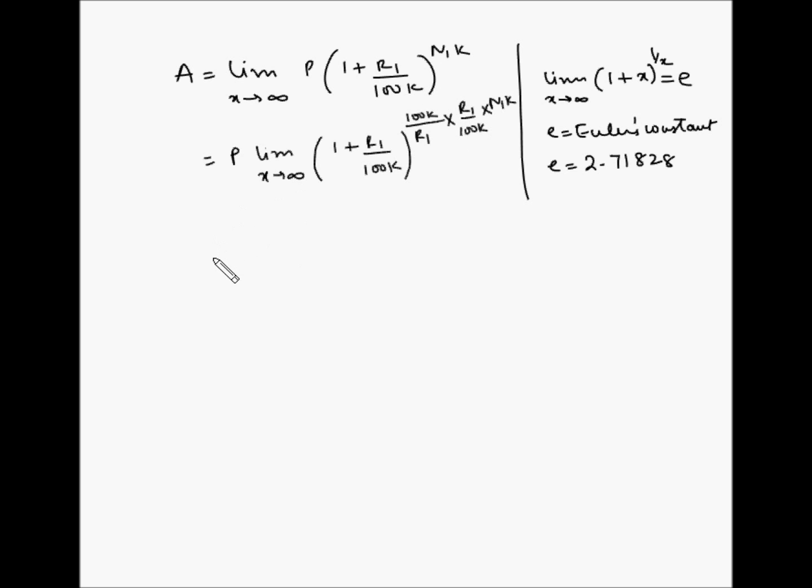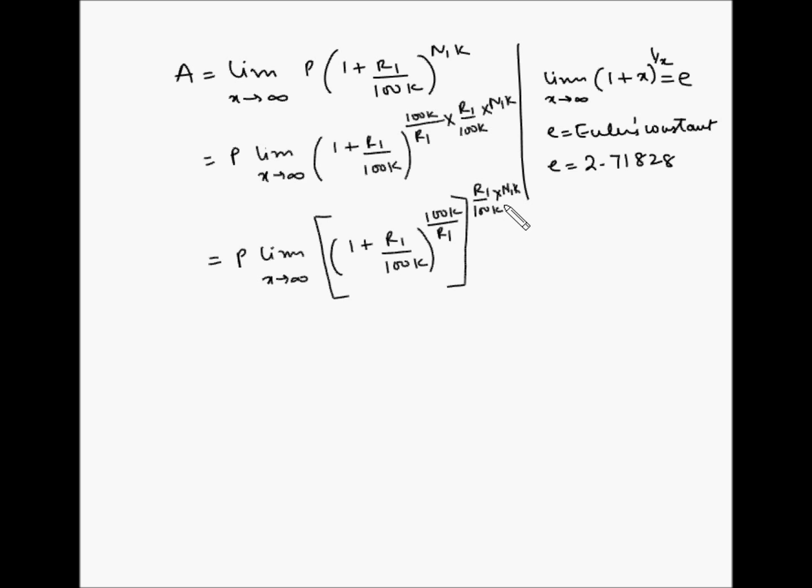Now this expression can also be written as P limit x tends to infinity, 1 plus R1 divided by 100k to the power 100k divided by R1 and whole to the power of the remaining, which is R1 divided by 100k multiplied by N1k.